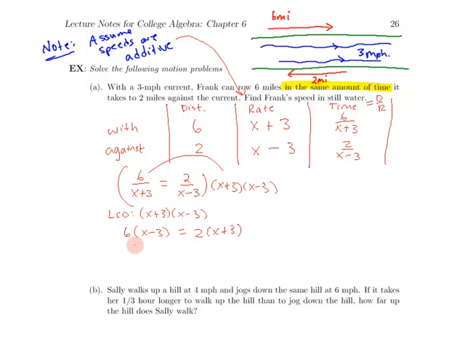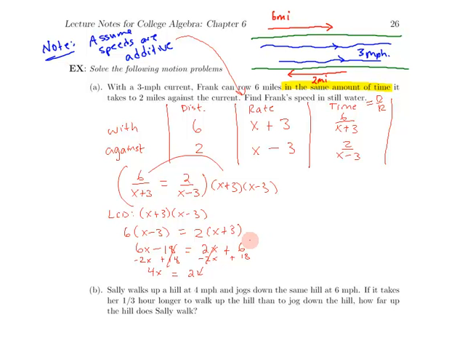Now simplifying both sides, 6x minus 18 must be equal to 2x plus 6. Subtract 2x from both sides. Gives me a 4x. Let's add 18 to both sides. That is 24.